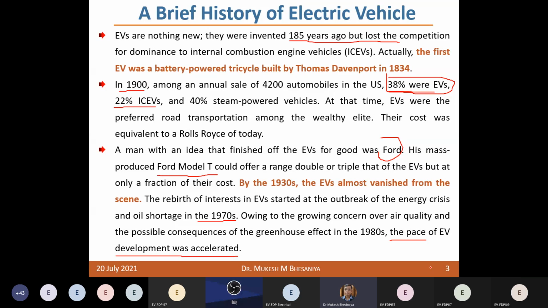In between you have an interface which we call a converter. Based on the type of motor that you are using and the type of control expected from the motor, you have different configurations of converter and different types of control methods. It's not very straightforward. If you go into the detailed control aspect of these EV motors, then it's very complicated.